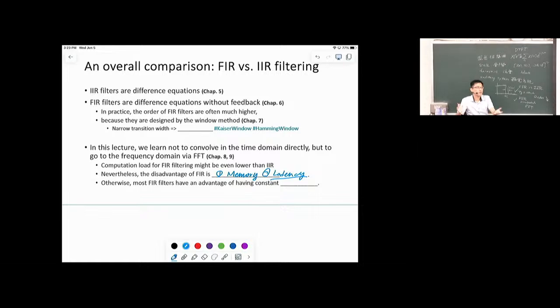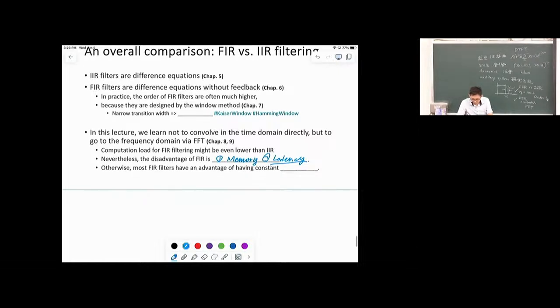If you can tolerate these requirements, then FIR might be your better choice. It's faster and linear phase. Most FIR filters have the advantage of having a constant group delay. So that would conclude all my lectures right here.